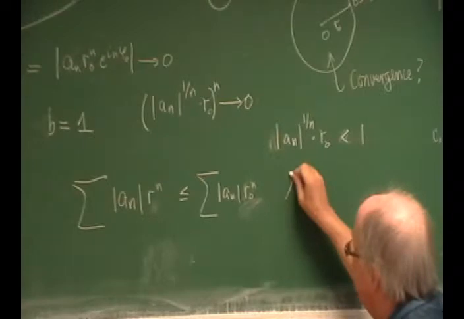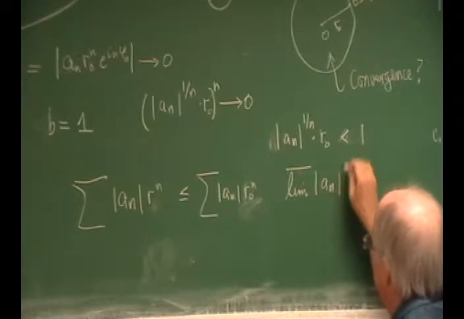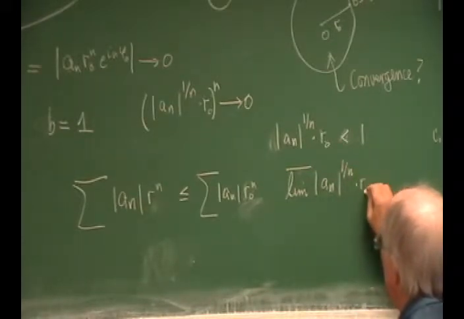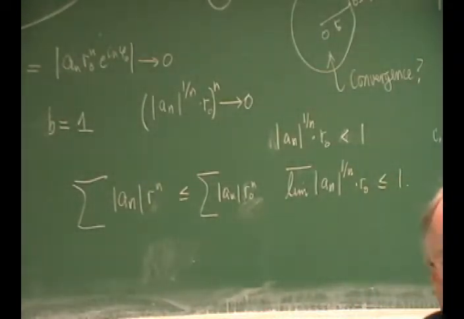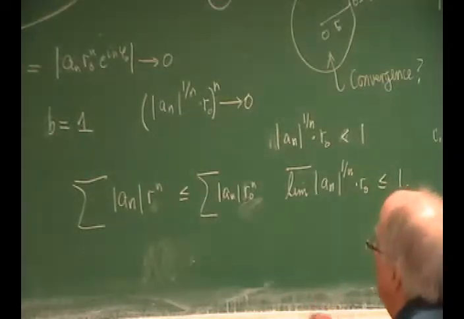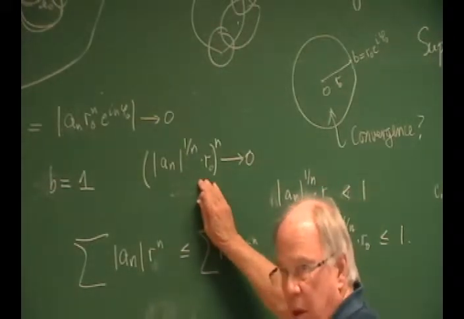So it says that the lim sup of |A_n| to the 1 over n times this number is less than or equal to 1. Isn't that right? Have you ever thought about this? Maybe not. Have you ever thought about this in your basic analysis stuff? Okay, then it's worth thinking about now. Just because this thing goes to 0 doesn't mean that this thing goes to 1.